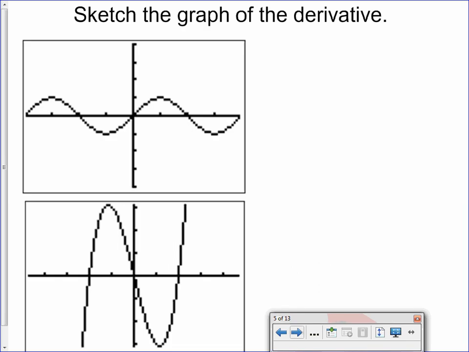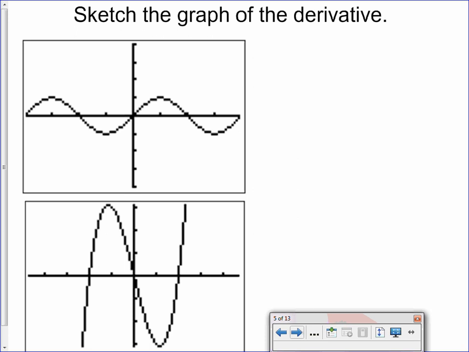And now, the last thing we're going to do today is we're going to try to see what the graph of the derivative would look like. Now, we've actually done this first one before, and I'm going to review that one, but I want to see if you guys can get some of the other ones. So here's a graph of a function, and we want to draw the graph of its derivative. Do you remember where we started when we were trying to draw? Like what points are obvious? If you're drawing the graph of the derivative, you're trying to draw a graph whose y coordinates are the slopes of that one.